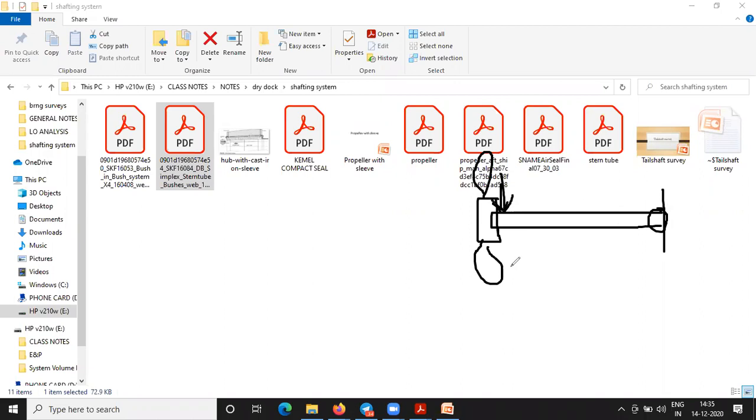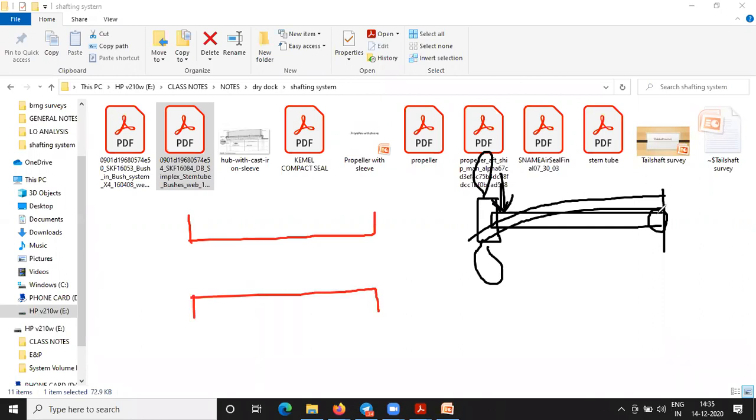So what will be the nature of the shaft now? Will it be bent slightly like this? Yes or no? Yes, sir. Okay. Now we have seen the stern tube. If this is the normal nature of the shaft, how will the shaft be here?